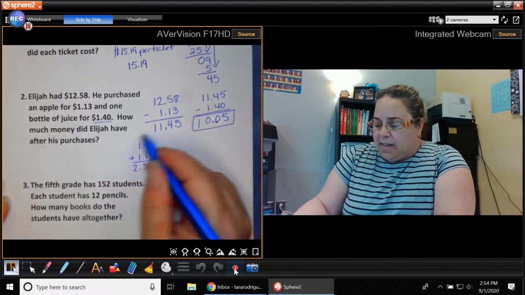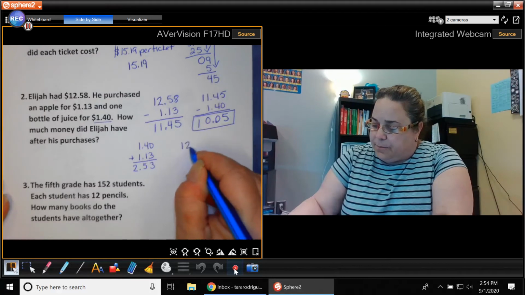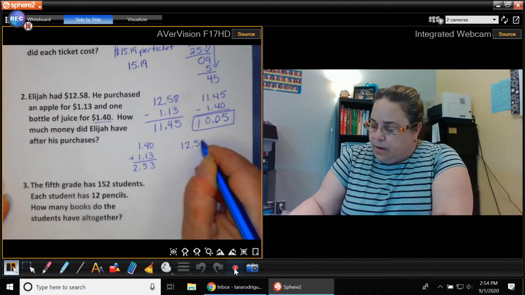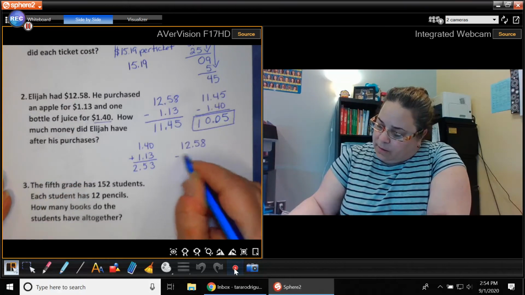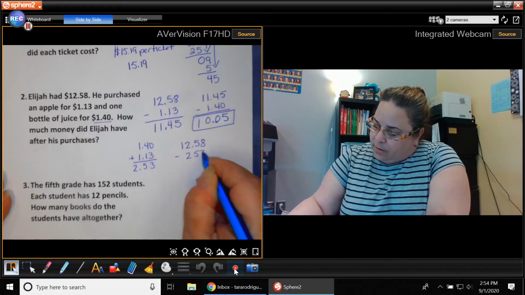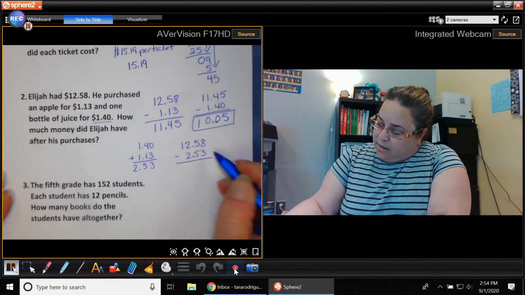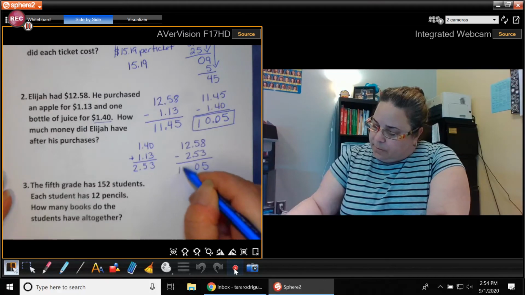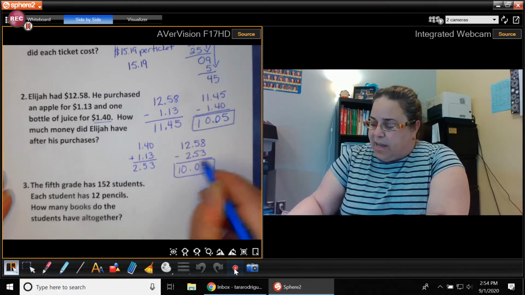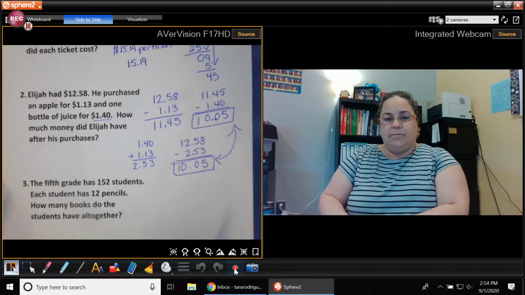And now I take the total of those 2 items and I subtract them from my starting amount of money. Notice how my decimals line up because I'm doing adding and subtracting. Then I subtract. And see, either way that I solved it, I still came out with the same answer.